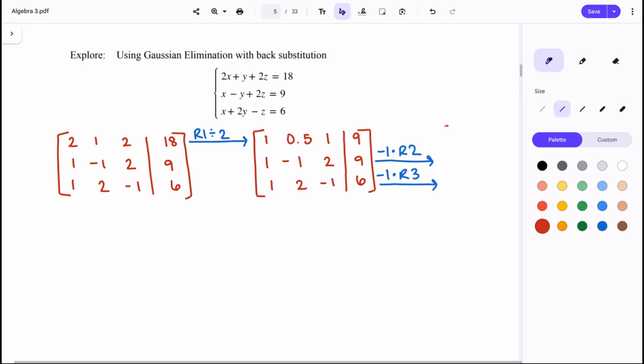So I'm going to squeeze this in here at the end of my page. So the top row stays the same. And then this middle and third row are going to switch their signs. So now it's going to say -1, 1, -2, -9. And then the bottom row, -1, -2, +1, -6.